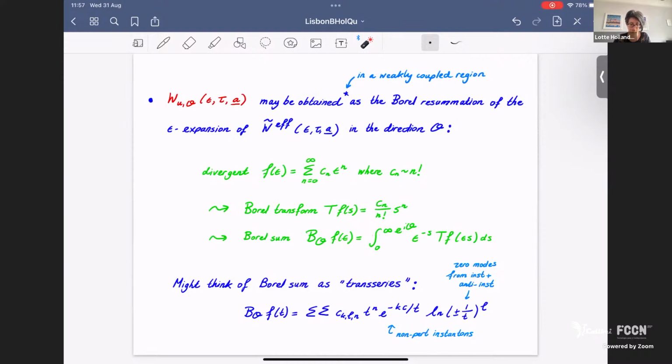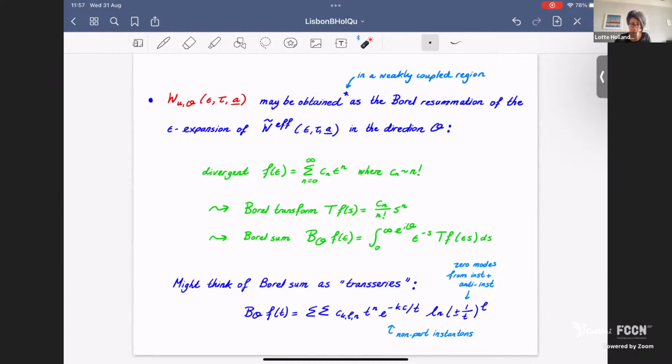Often this Borel transform is then a convergent object, which means that we can integrate it along a certain ray which has phase theta. The resulting object, this Borel sum of f, then has exactly the same series expansion as the function f that we started out with if epsilon is small, but it's an exact expression in terms of epsilon.